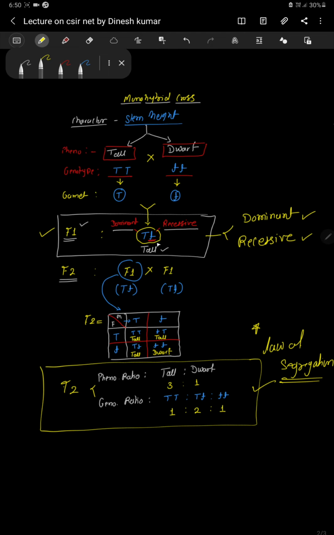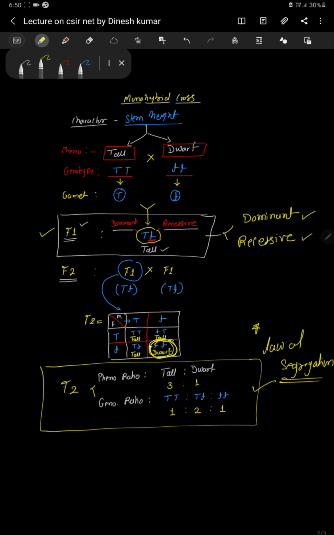It means if in any other generation the recessive character is completely present, that means there is an absence of the dominant character. Only the recessive character is there, and that character will get expressed.